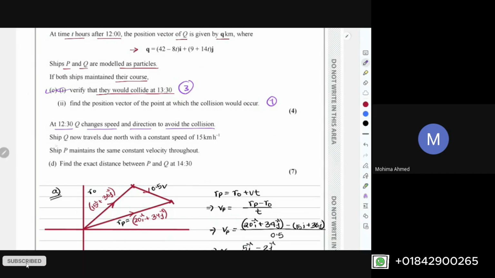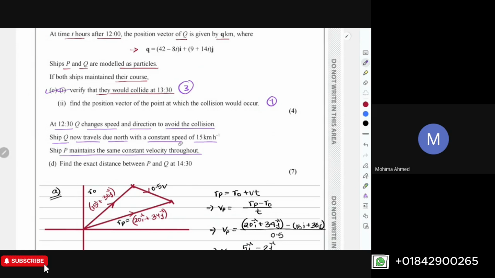It says that ship Q now travels due north with a constant speed of 15 and P remains the same constant velocity throughout. Find the exact distance between P and Q at 14:30. 14:30 means 2.5 hours from the point of release, right?